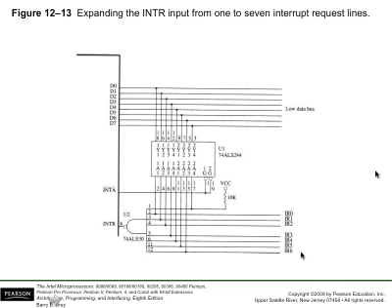So in this case, we will generate an interrupt. And because of this tri-state buffer, we're actually sending a value that is 0, 1, 1, 1, 1, 1, 1. So that's the interrupt vector that will be received by the microprocessor.